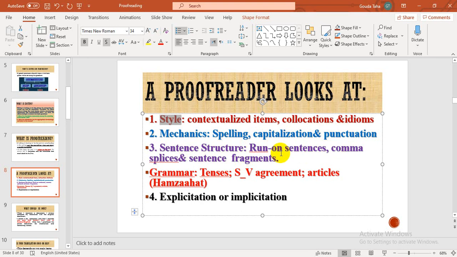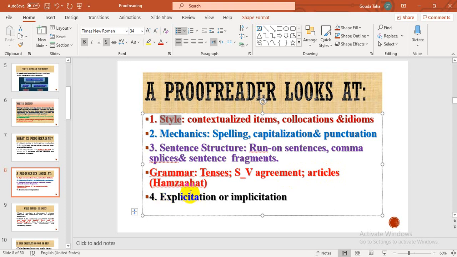And also, as long as we have so many problems with choosing the correct and appropriate text tense in English, so you need to pay some attention to tenses, their form and their uses. And of course we have subject-verb agreement and article, and in Arabic we have hamazat.